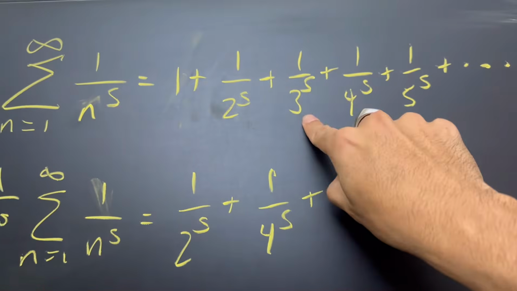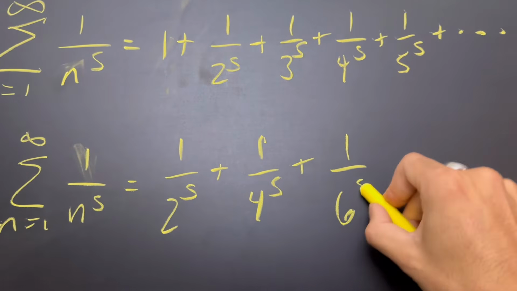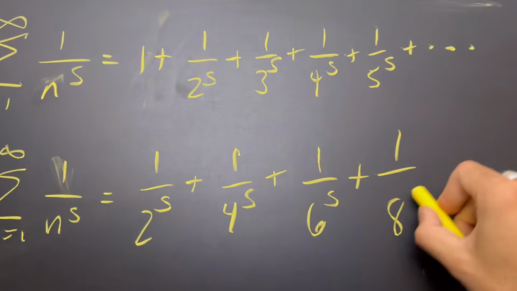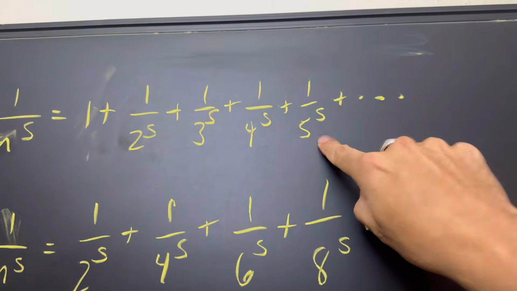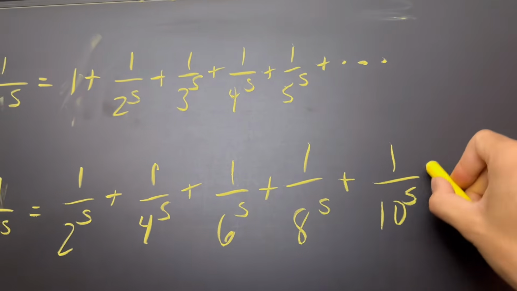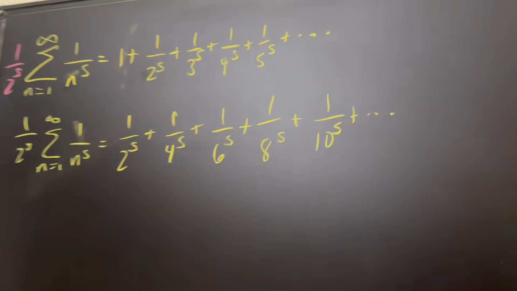And then when you do it to the 3, you have 1 over 6 to the power of s, and you have 1 over 8 to the power of s. And then when we get to this one, you have 1 over 10 to the power of s, and this will continue.